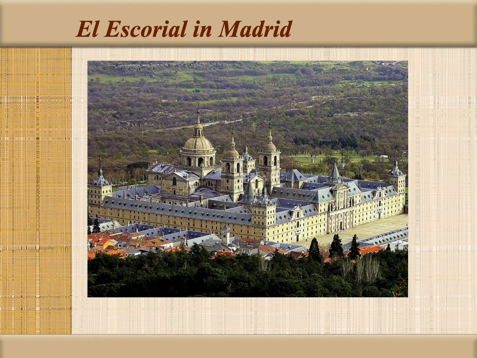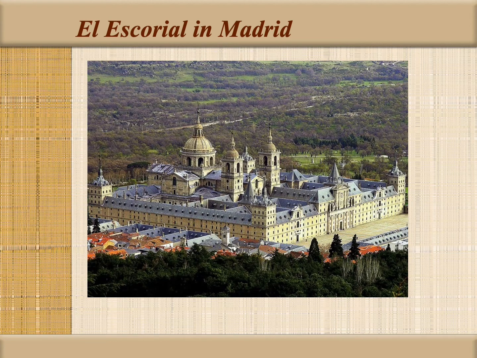Construction started in 1563 after King Philip II of Spain decided to commission a funerary monument for his father, the Holy Roman Emperor Charles V. But Philip II desired an even more complicated structure that would also function as a palace and a monastery. By the time construction ended in 1584, the complex included not only these, but a church and a college as well. The library was also added in 1592.